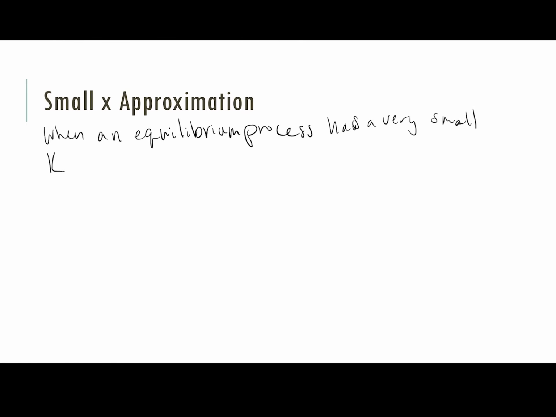So when an equilibrium process has a very small K value, usually we're talking about less than 1.0 times 10 to the negative 4.